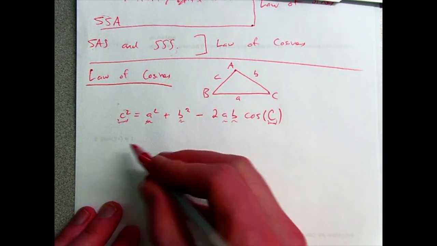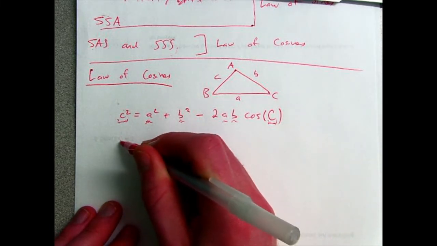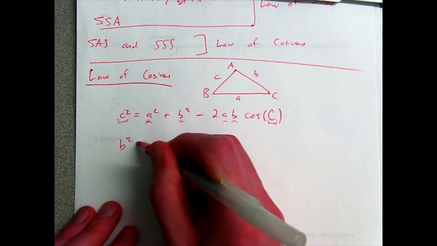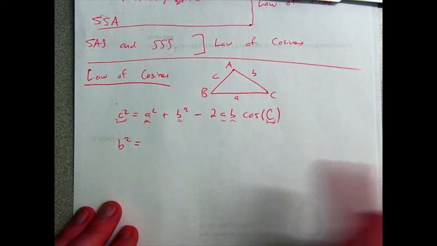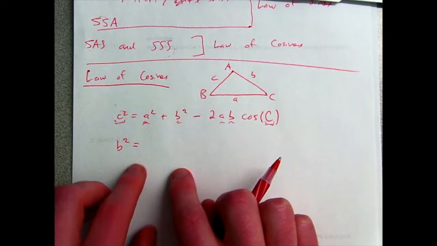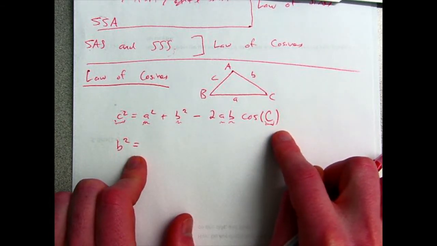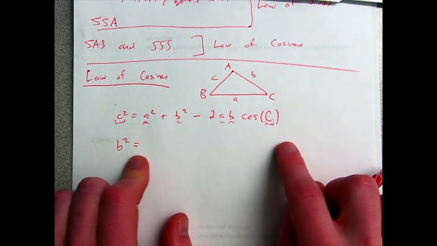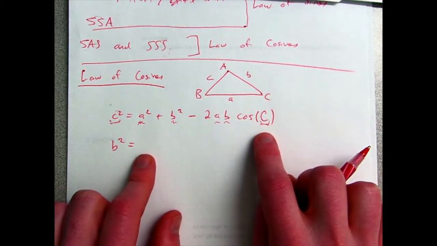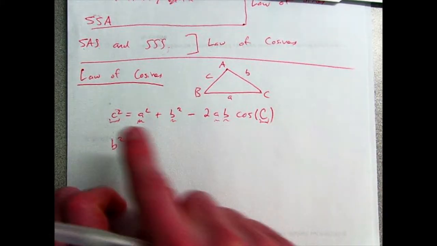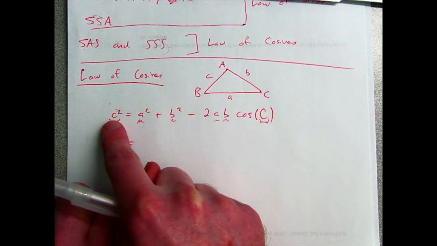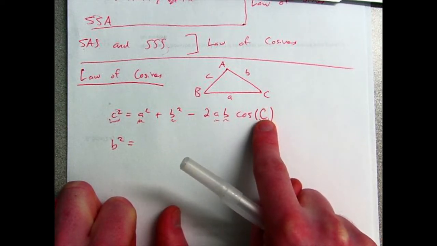Here's the next one. I could instead choose to write, say, b squared here, and write a formula for b squared. It's going to be very similar to this one, except some of the letters are going to be different. What I want to emphasize is that whatever side appears here is the side opposite of the angle that appears here.